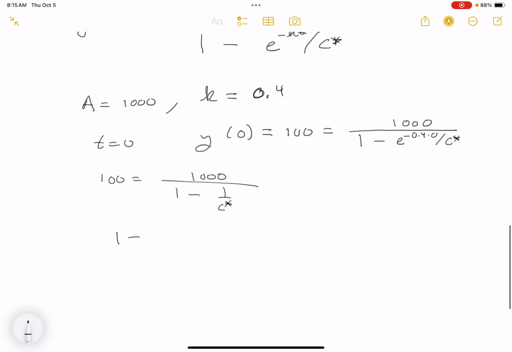I'll put this over here. 1 minus 1 over C star is going to be equal to 10. And then I'm going to say minus 1 over C star is equal to, I'm going to subtract 1 from both sides, 9. So I'm going to say C star is going to be equal to minus 1/9.